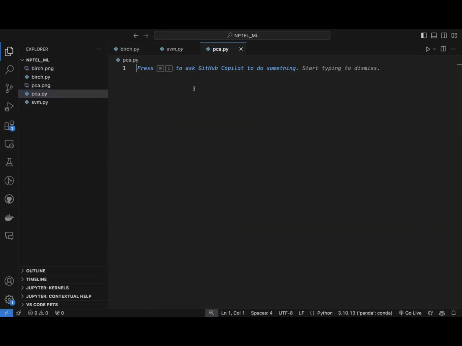PCA.py, and here let me paste the code as well. Okay.